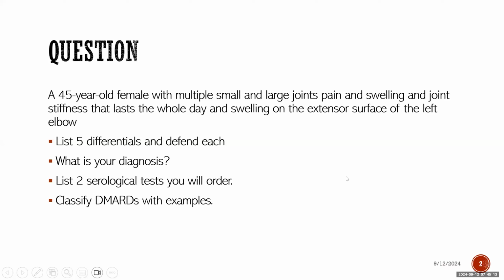Okay. Just as I've said, SLE can affect joints. Typically they can have arthritis and arthralgia, and it occurs in almost 90% of patients with SLE. And it's often one of the earliest manifestations. However, it could be migratory, it could be polyarticular, and mostly symmetrical.